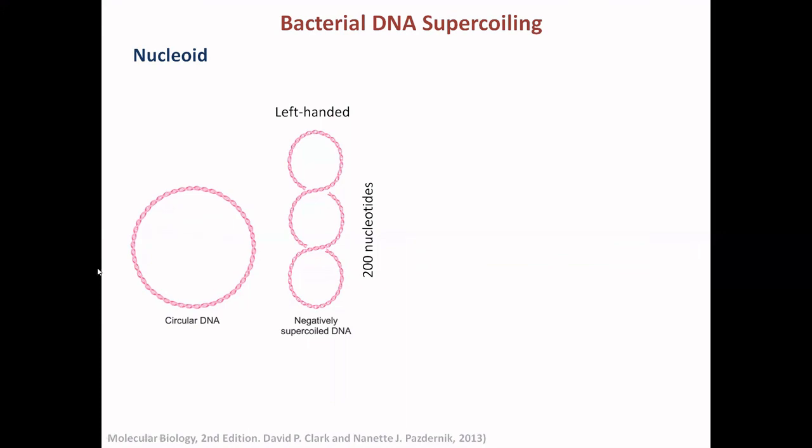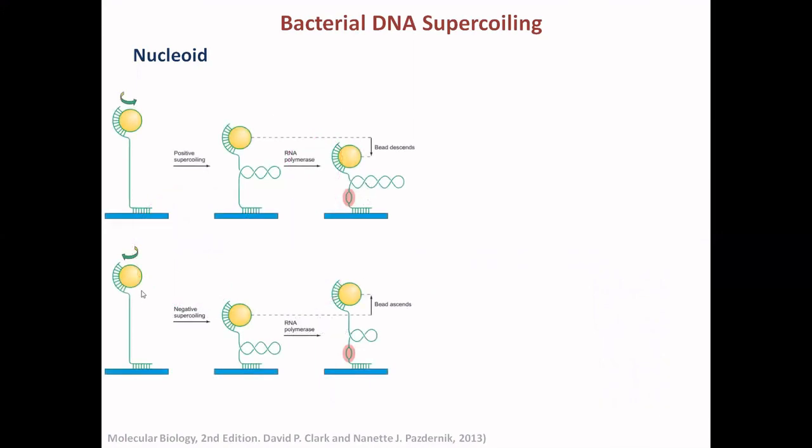They are circular in nature. This is the left-handed coiling, in which each coil is almost 200 nucleotides in length, and this is called negative supercoiling. To get a better view of it, the left-handed coiling results in negative supercoiling, and the right-handed coiling results in positive supercoiling.